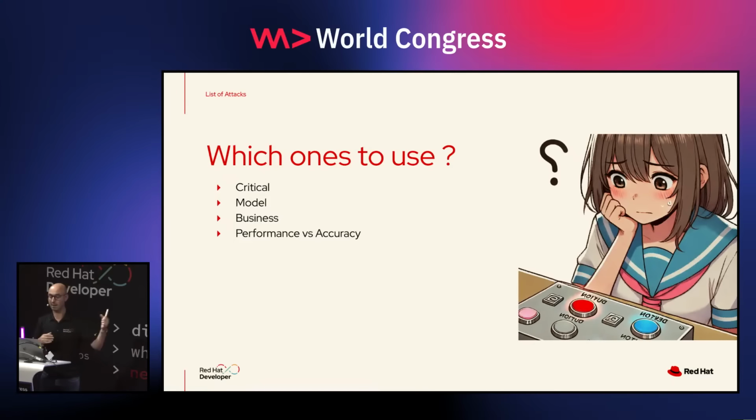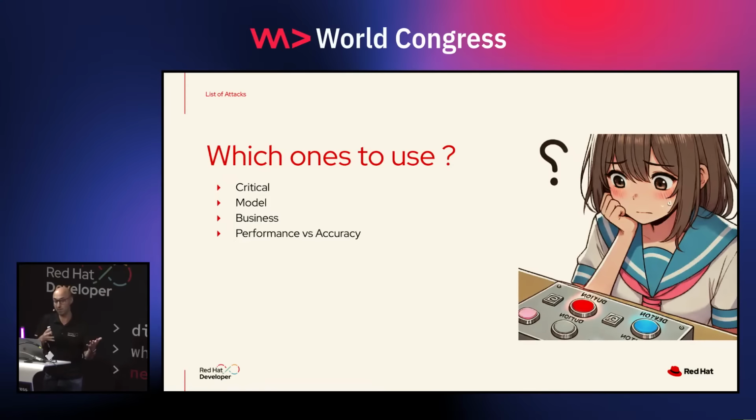I like to say that it depends on your business, if it's critical or not. If you've got a chatbot for answering some kind of easy questions, then probably it's not critical, so you can just relax a bit. But if it's something super critical, then probably you want to protect a lot. It also depends on how you train the model, because depending on how you train it, it can generate some responses that might not be adequate.